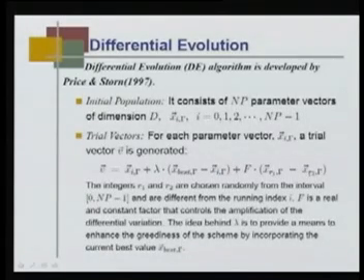So, r1 and r2 represent two randomly selected parameter vectors from the population.